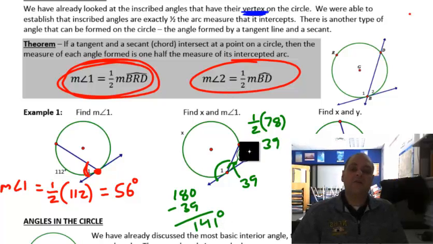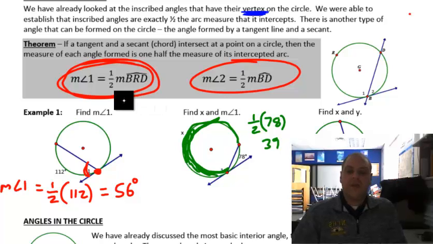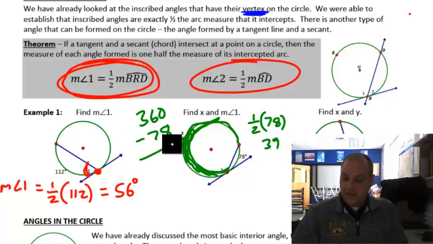Now another way to do that, you could have said, this arc's 78, so the rest of the circle must be 360 minus 78. That would give you 282. So see this big major green arc right here?